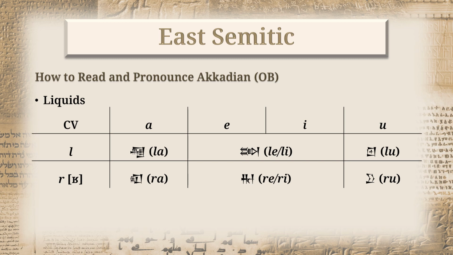Now liquids. Liquids is kind of an outdated term, but it makes sense when I organize the signs like I do in this video. So there's an L, la, le, or li, and lu, and there is an R sound, and this may sound very odd if you know Arabic, for example, and to me, Arabic was my first Semitic language. Still, there seems to be evidence that the R in Akkadian was not a trilled alveolar R like the Ra in Arabic, but more like a guttural R kind of sound.